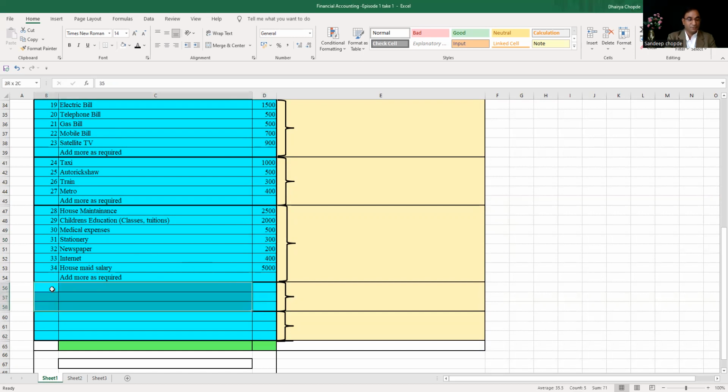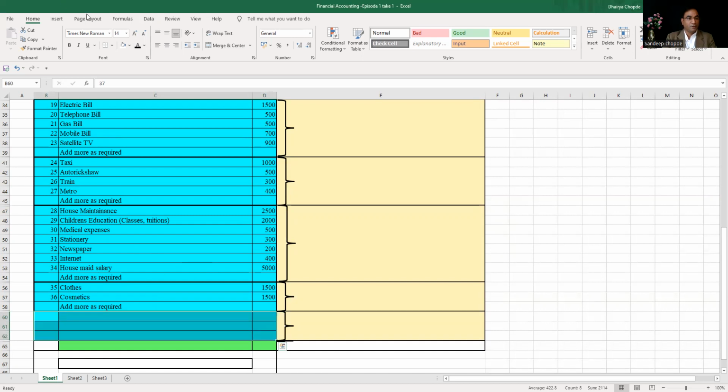I also add clothes, cosmetics, that is some shopping expenses. You may do some entertainment, watch movies, play games, on which some expenditure of thousand rupees is incurred, and so on.